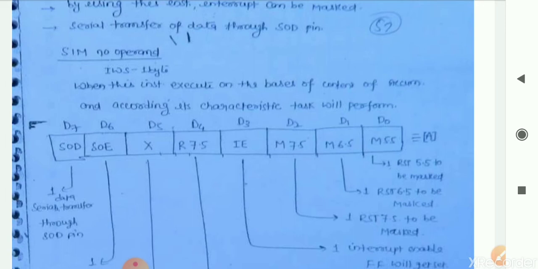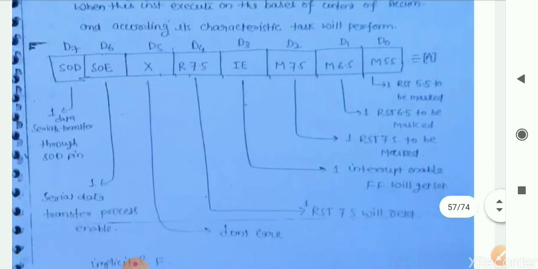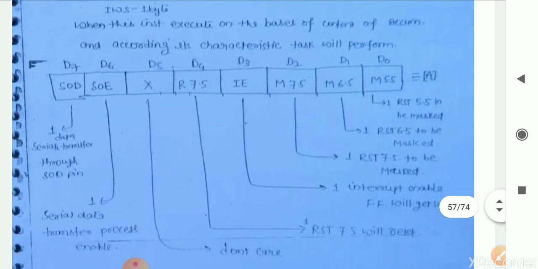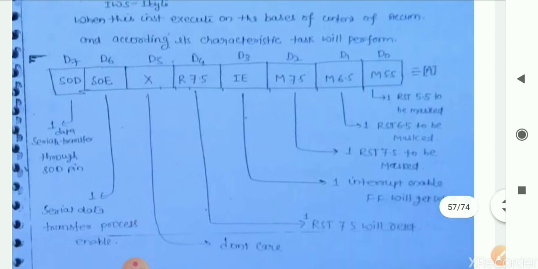The D4 bit represents RST 7.5. To reset the RST 7.5 interrupt, we set the D4 bit to 1. D5 is a don't care condition. D6 is SOE, serial output enable.